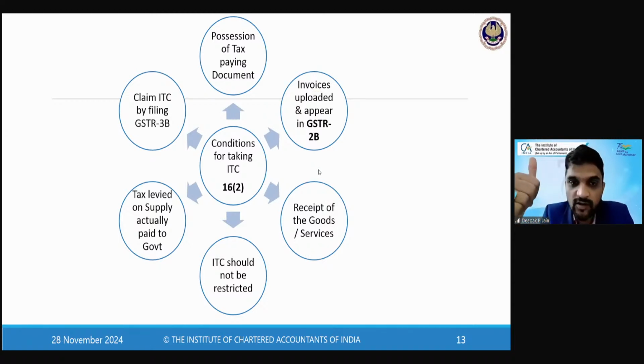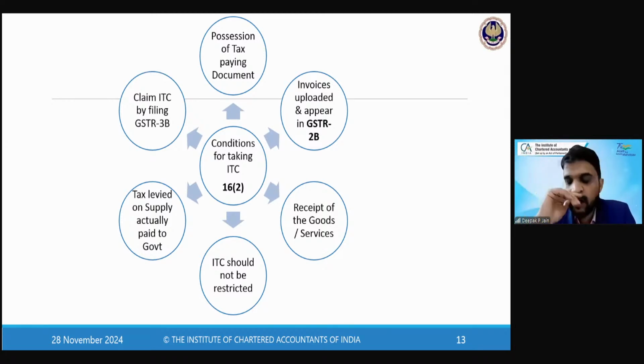Possession of tax paying document, appearance in GSTR-2B, actual receipt of goods, ITC should not be restricted, tax levied on supply should be actually paid to the government, and you should claim ITC by filing GSTR-3B. These are the 6 conditions. Even if one condition is not met, your eligibility for ITC would be gone.